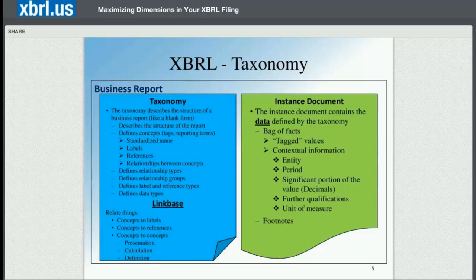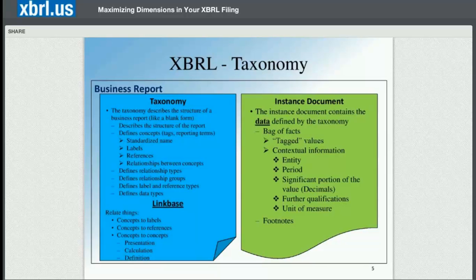The second component of your taxonomy is the link base. Link bases consist primarily of three things, for the purpose of linking concepts to concepts, concepts to labels, and concepts to references.